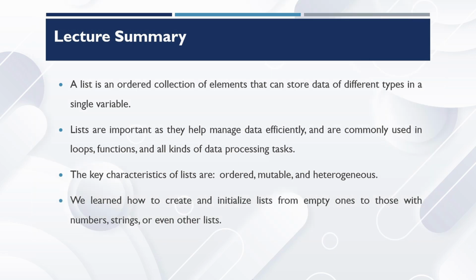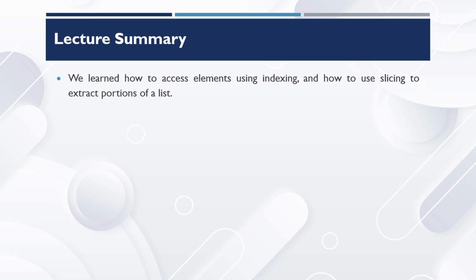Then we learned how to create and initialize a list, from empty ones to those with numbers, strings, or even other lists. We saw how to access elements using indexing and how to use slicing to extract portions of a list.